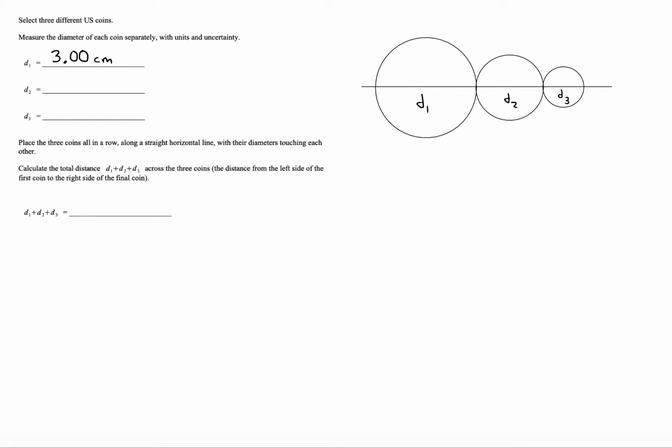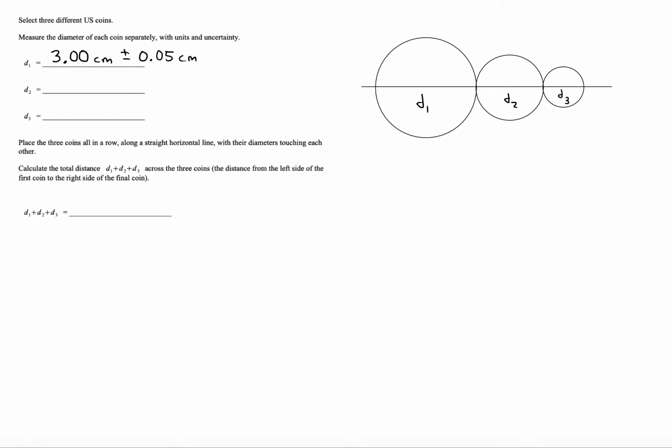Now, I should also give an uncertainty to that though. So how far off might I be? I might be off by as much as 5/100ths for my $50. Okay? I just want to measure the other coins in the same way.